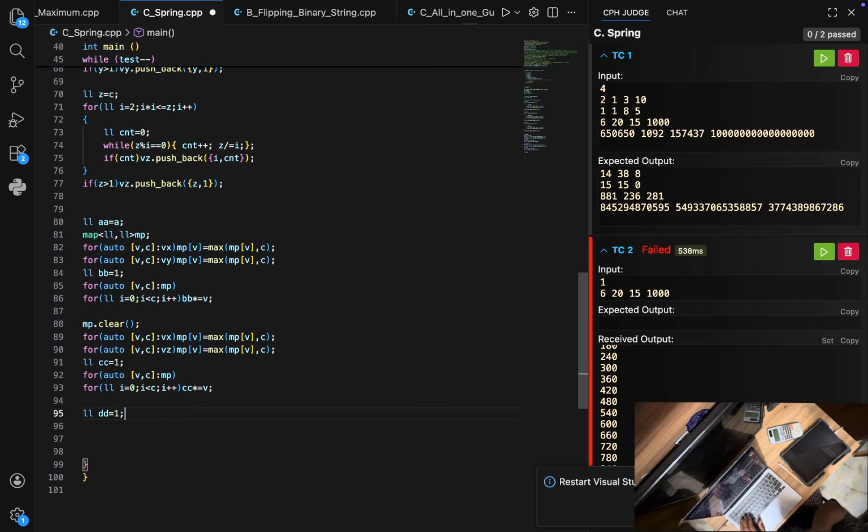DD equal to 1. DD equal to CC. Not CC. Again 1.